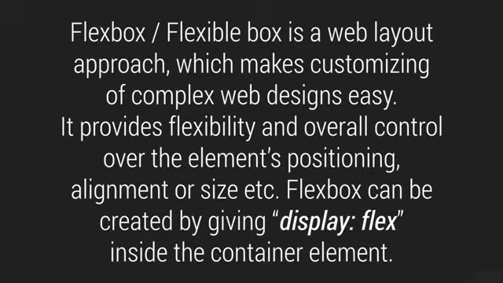It provides flexibility and overall control over the element's positioning, alignment, or size, etc. Flexbox can be created by giving display: flex inside the container element, though it's not just that which is going to implement the complete flexible box layout.